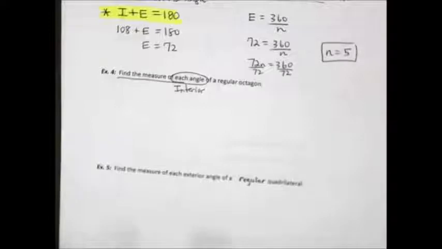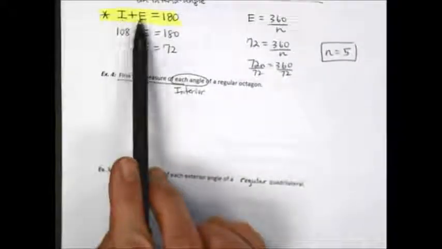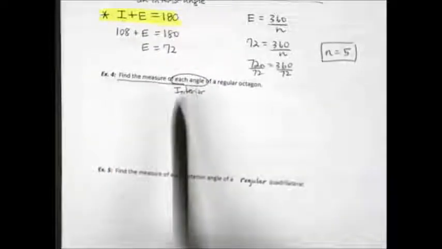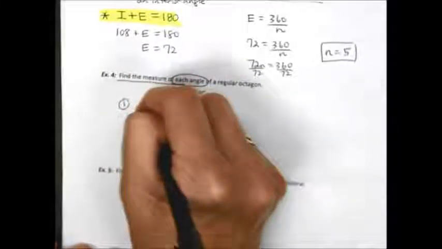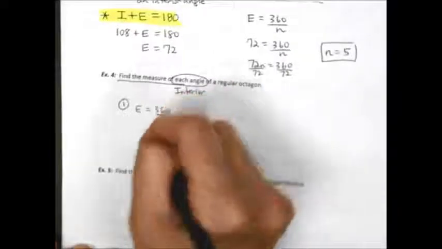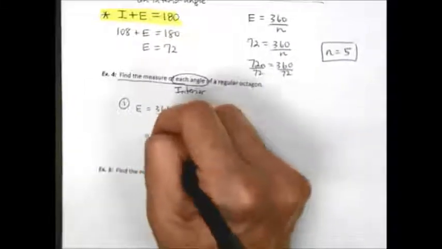Again, I don't have a formula for an interior angle other than this, but I don't know the exterior yet either. So I'm going to put the interior angle on hold, and I'm going to first find the exterior angle, which would be 360 divided by 8, since an octagon has 8 sides, so 360 divided by 8 is 45.